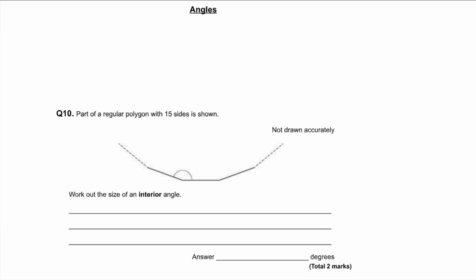Next up, we've got angles, and we need to know a whole bunch of angle facts for this exam. We need to know all the basic ones: angles in a straight line, which sum to 180 degrees; angles meeting at a point, which sum to 360; vertically opposite angles that are equal.